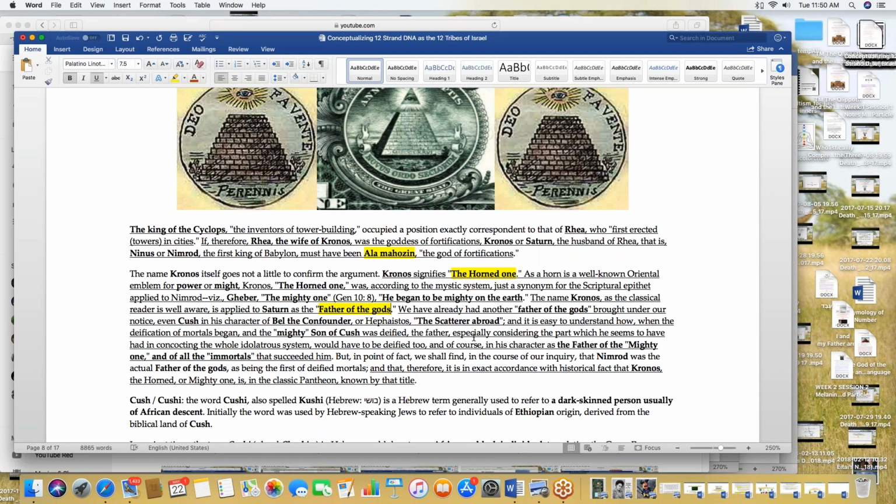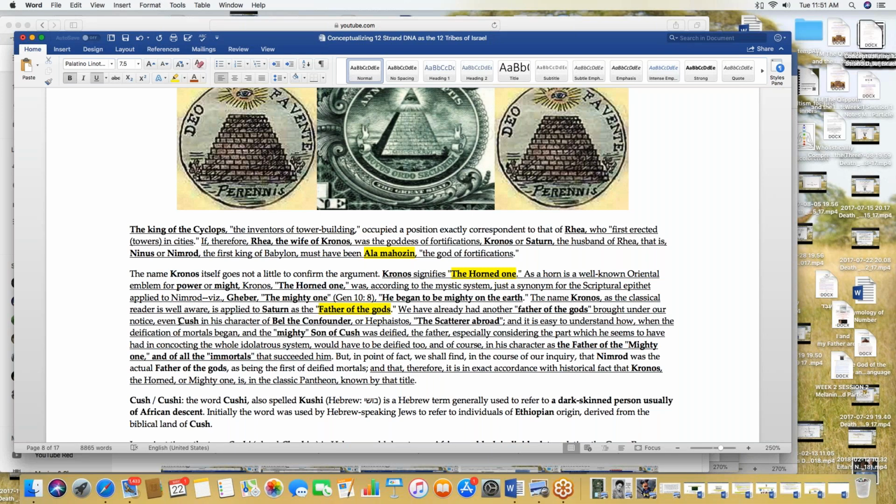We have already had another father of the gods brought under our notice, even Cush, in his character of Baal the Confounder, or Hephaestus, the scatterer abroad.